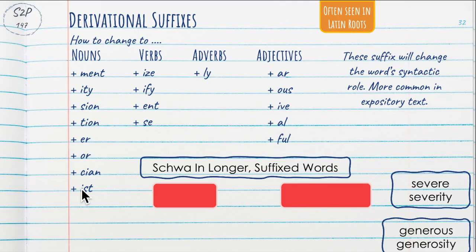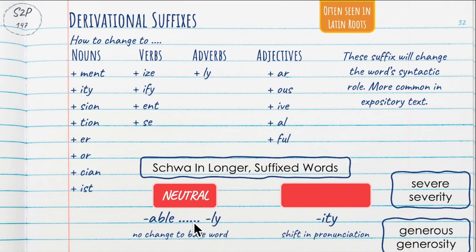Now, this is definitely more common in expository text. You don't necessarily see a lot of it in narrative. But you can have some funny things happen with schwa, that schwa will show up or you'll end up with a schwa added. So this is usually in longer suffixed words. If I have able and ly, there's not going to be a change to the base word. We call those neutral.